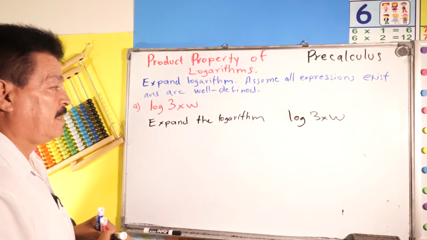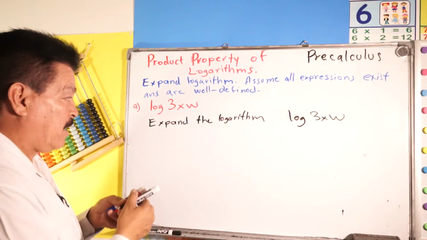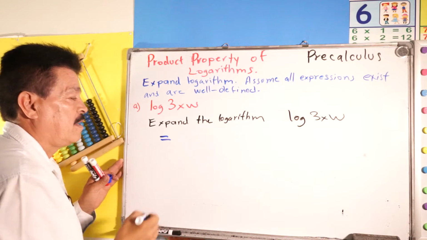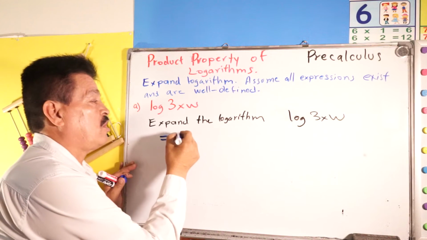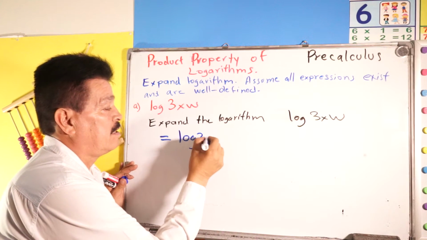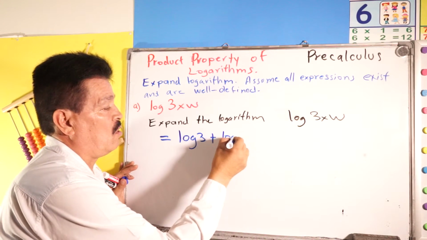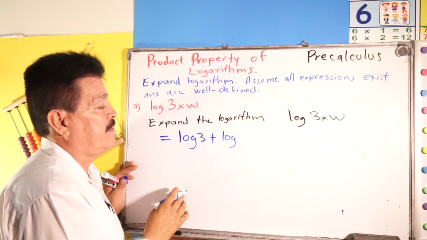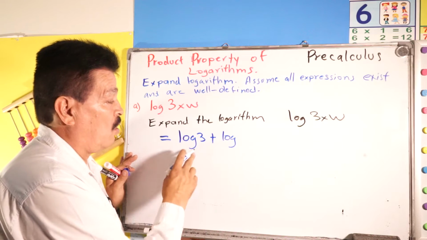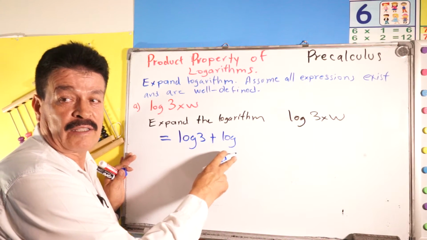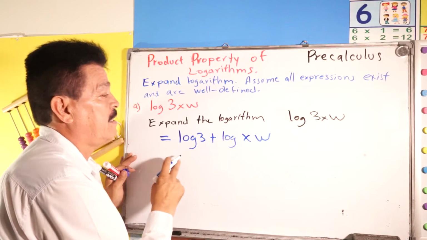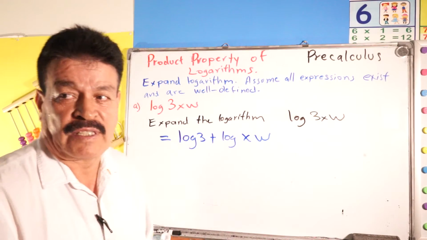This is equal to log 3 plus log xw, right? This is the first step.